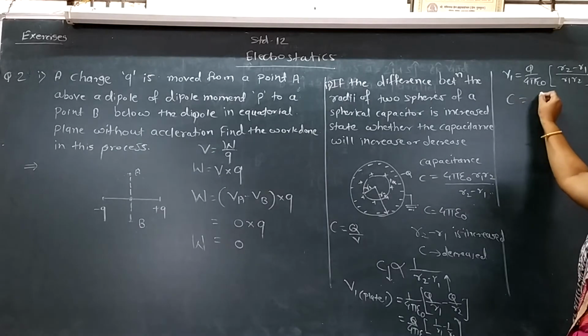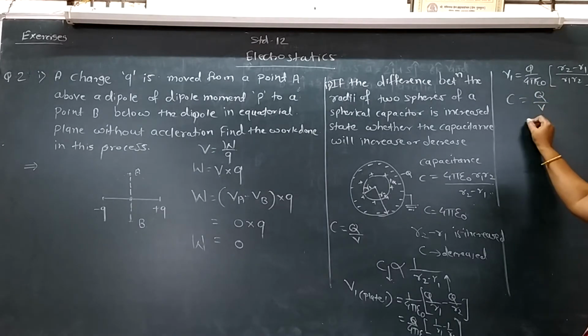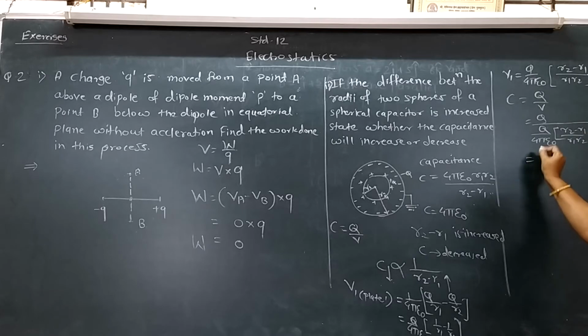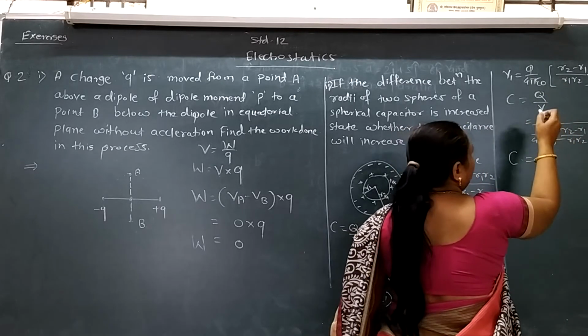But capacitance C is equal to Q upon V. Substituting the value of V, Q gets cancelled.